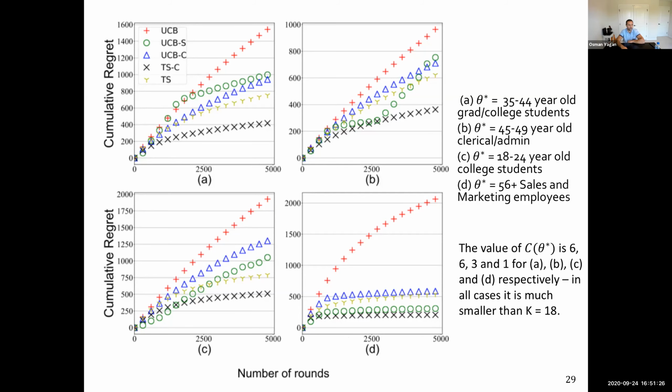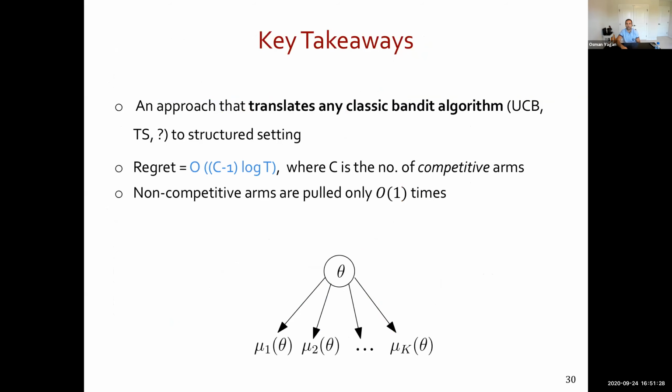So that pretty much concludes the talk for the structured case. The key takeaways are that we are now able to provide a way to extend any classic bandit algorithm to the structured setting. And even the proofs for the regrets that we presented, almost 90% of it is done.